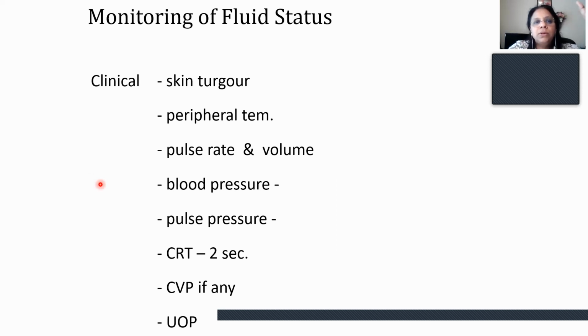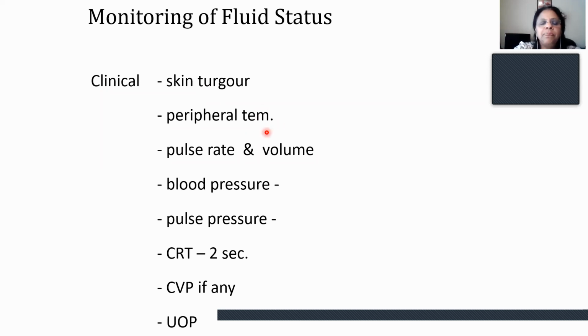So how do you know the status of the fluid, whether it is lost or corrected? In both stages, monitoring of the fluid is done by clinical measures like skin turgor, temperature, peripheral temperature. So if the perfusion is very low, the patient will be cold, the peripheries are cold.